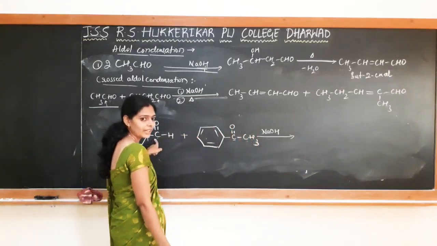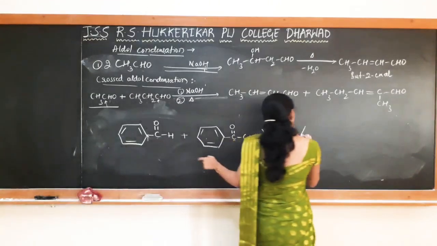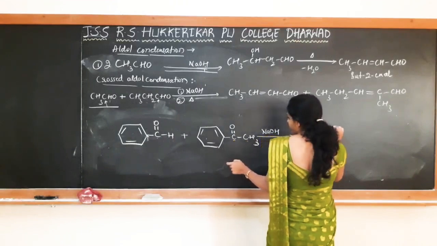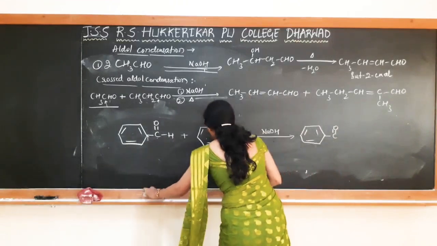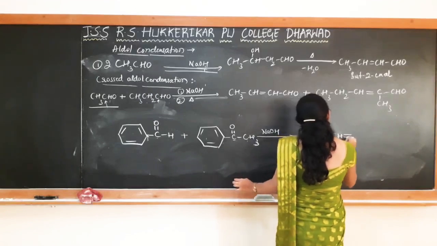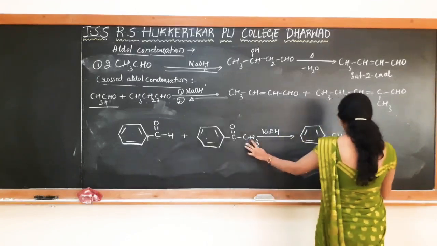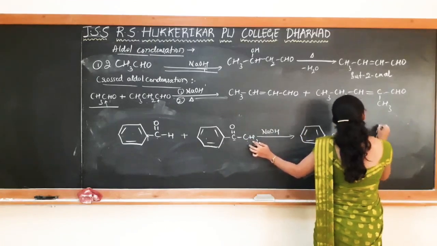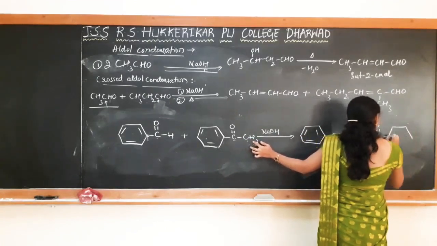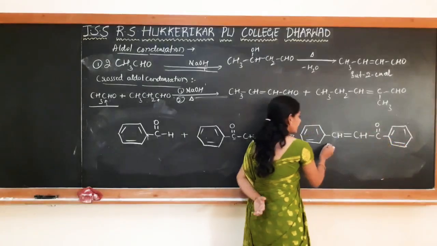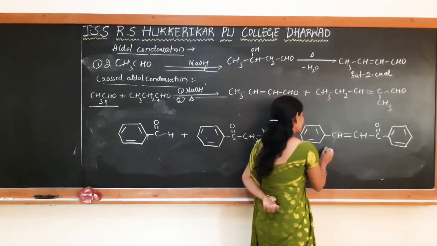So what product can we write? The product formed here is written as C6H5-CH=CH-CO-C6H5. Here you have to remove 2 hydrogens. So the name of this compound is benzalacetophenone.